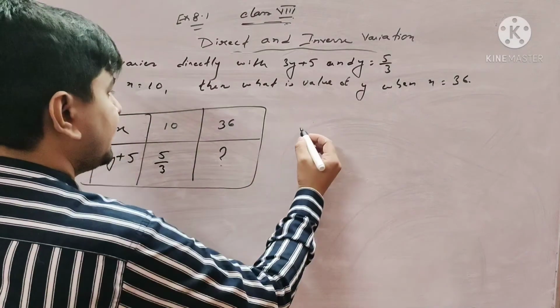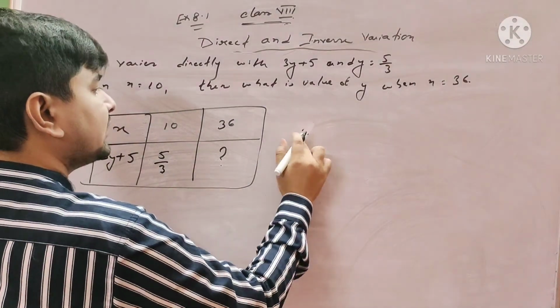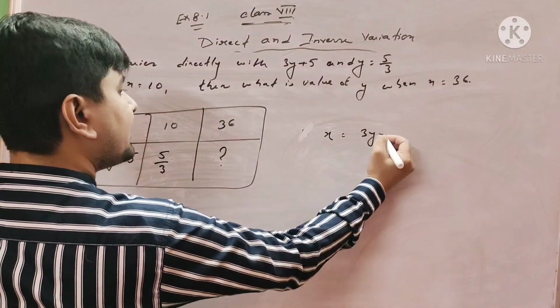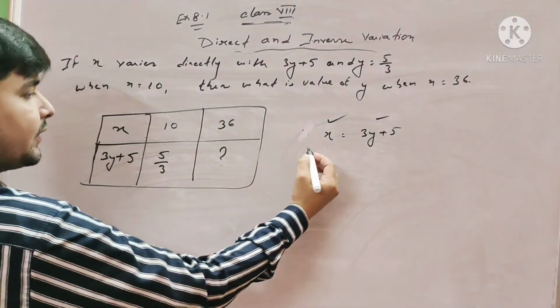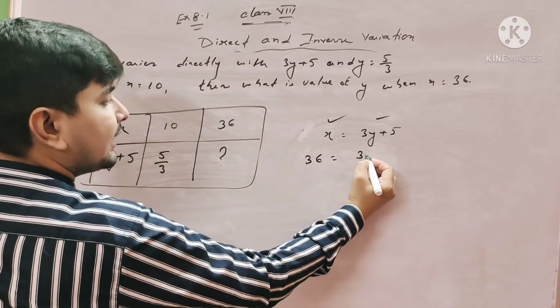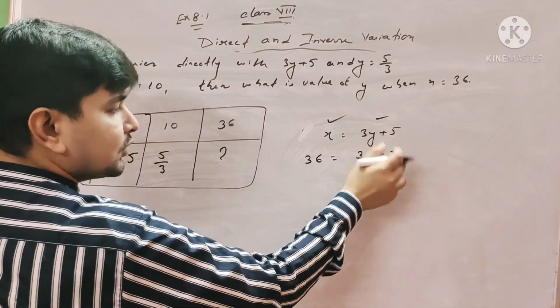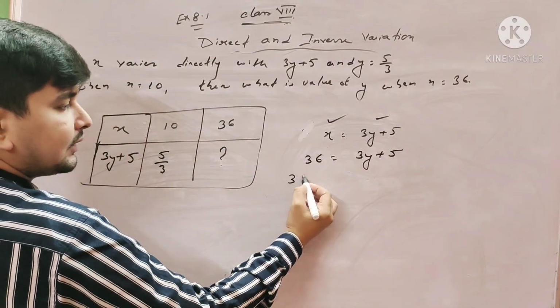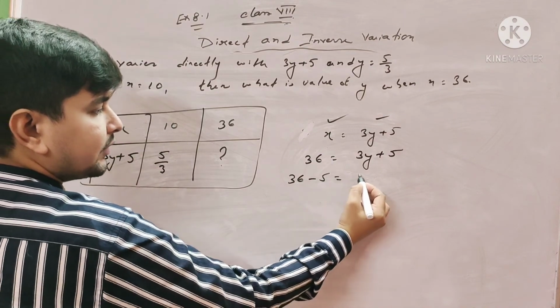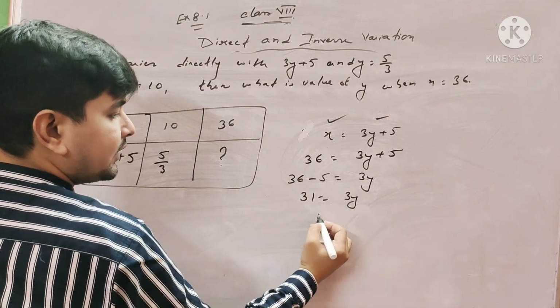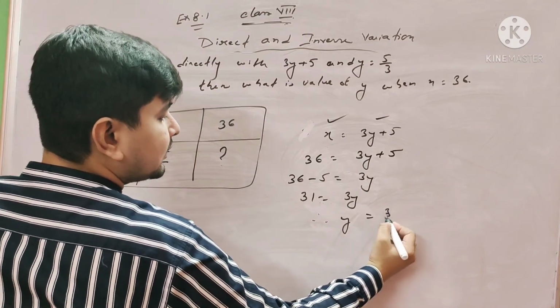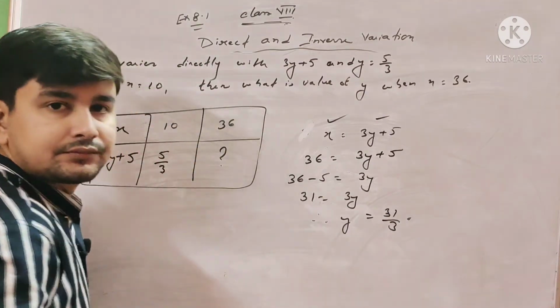So clearly, the relation is x equals 3y plus 5, both are directly related. So the value of x is 36 and here is 3y plus 5. So what is the value of y? 36 minus 5 equals 3y. So here 31 equals 3y, therefore y equals 31 by 3. Note.